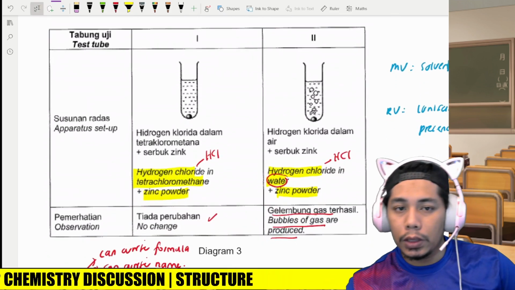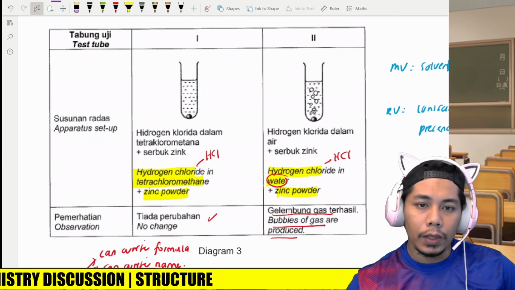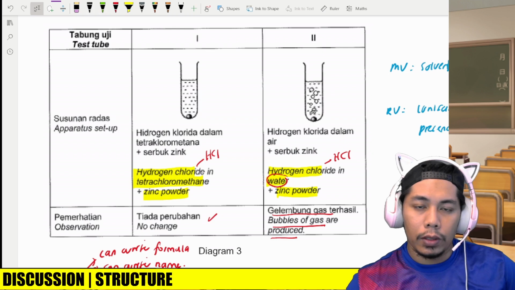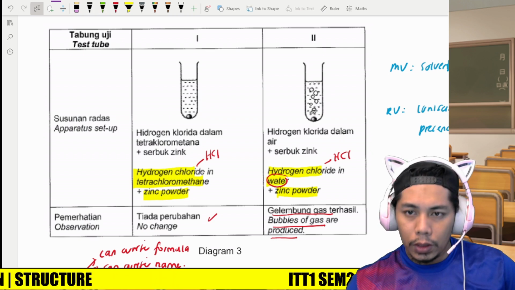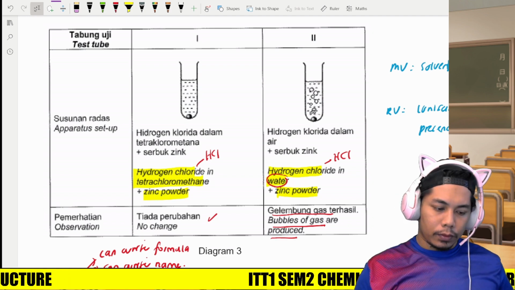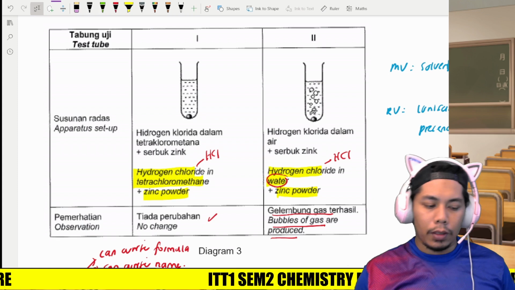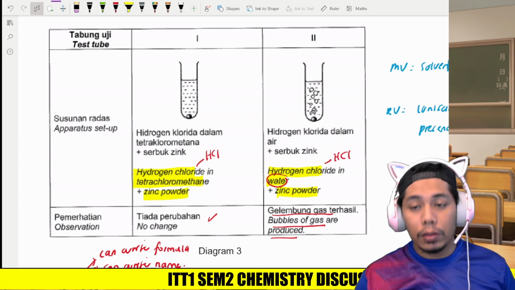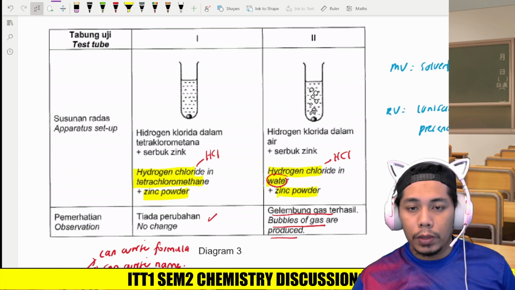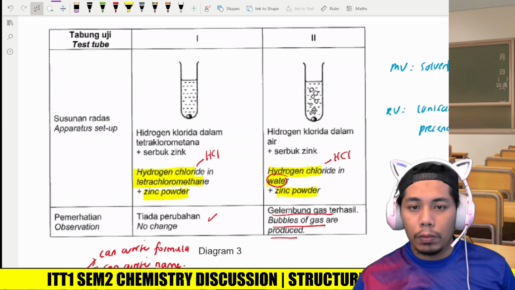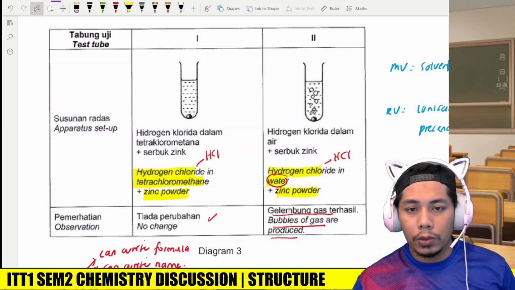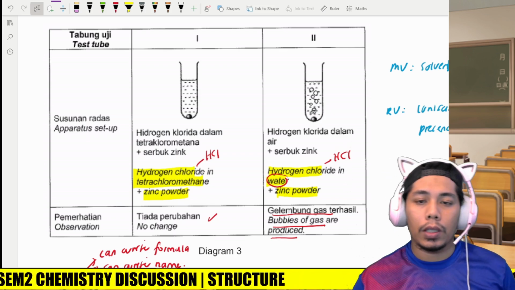Okay, kalau kamu perhatikan observation, no change on set 1, but bubble gas produced on set 2. Bermaksud at set 1, hydrogen chloride ni exists as molecule because it cannot produce hydrogen ion to react with zinc powder. Sebab kamu kena ingat yang react dengan zinc tadi tu adalah hydrogen ion.